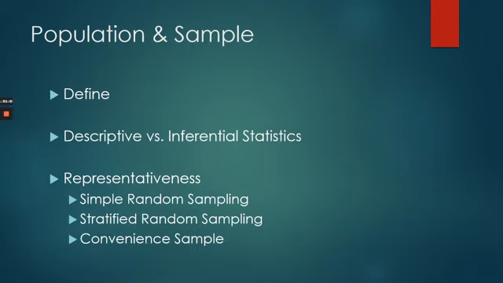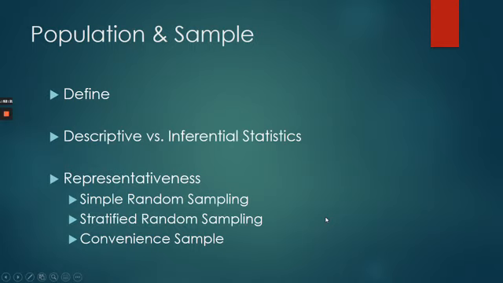And obviously, the more representative your sample is of your population, the better your research is. If your sample doesn't represent your population well, then even if you do your inferential statistics, logically that generalization from your sample to your population is iffy because your sample doesn't look like your population.